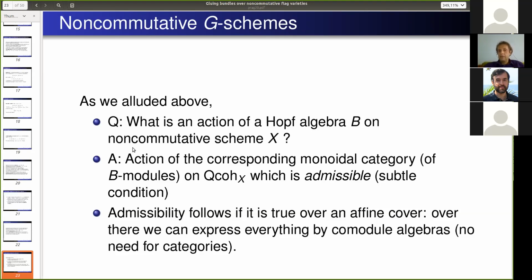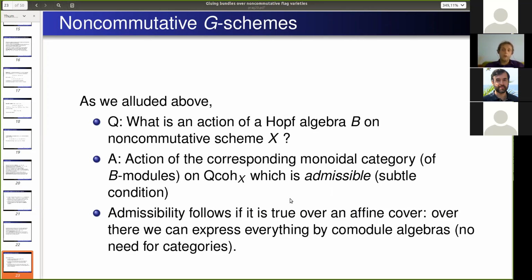Then, as I say, you have this admissible action of the category of modules over a Hopf algebra, but not any admissible action, but the one which is locally induced by coactions, which I just explained in the affine case.